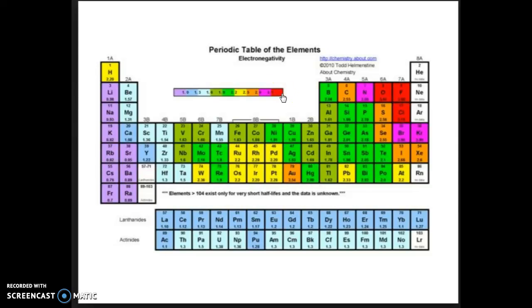And there is a trend on the periodic table that goes from less electronegative to more electronegative, with fluorine being the most electronegative of all the elements. But you'll notice that chlorine and oxygen are pretty darn electronegative themselves, okay? You'll even notice that there are some hot pink ones even in the noble gases.